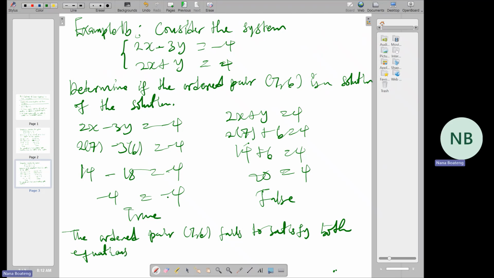Thus, the ordered pair is not a solution of the system.